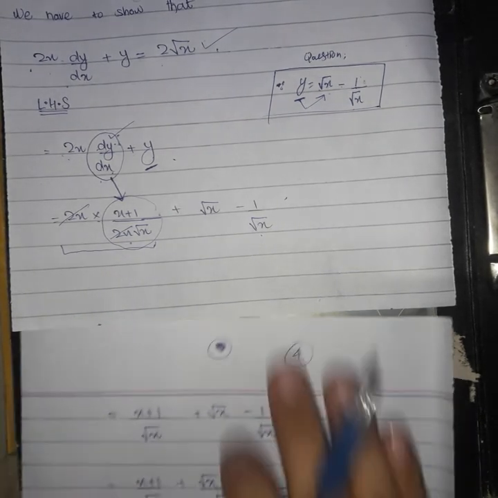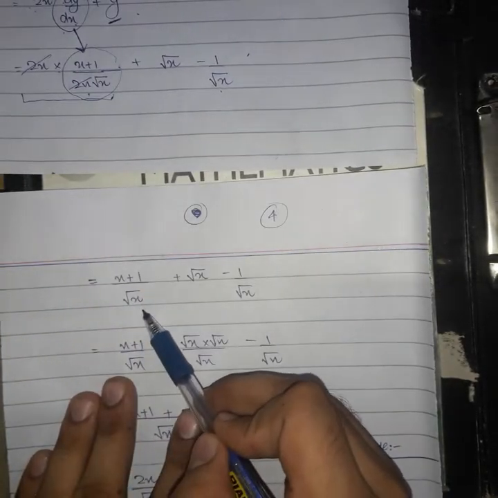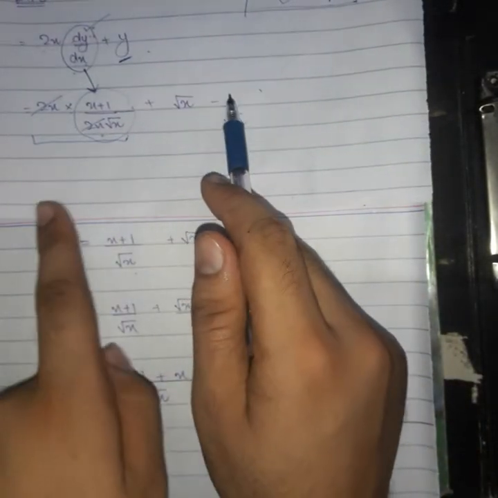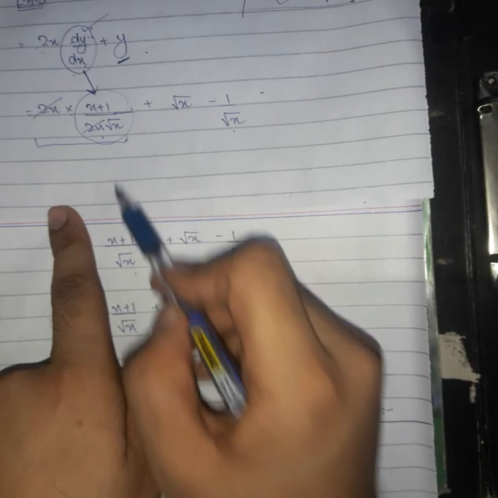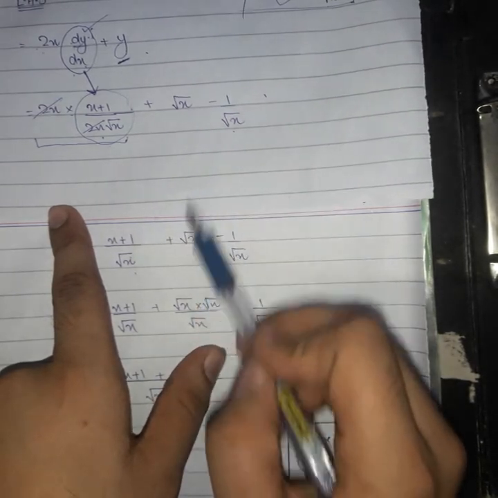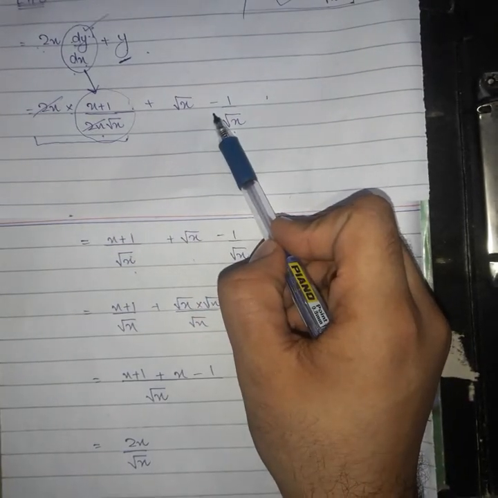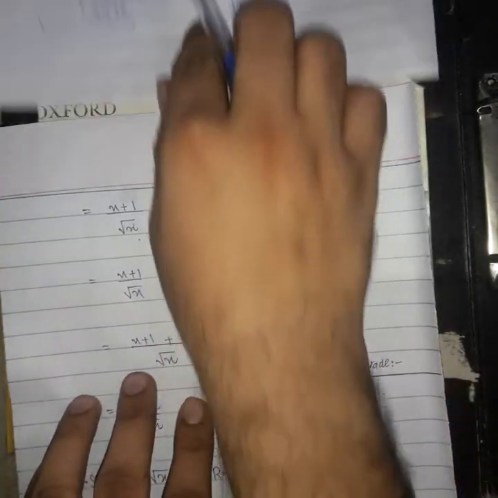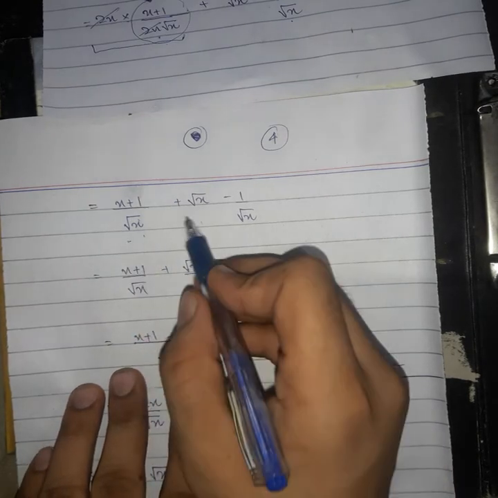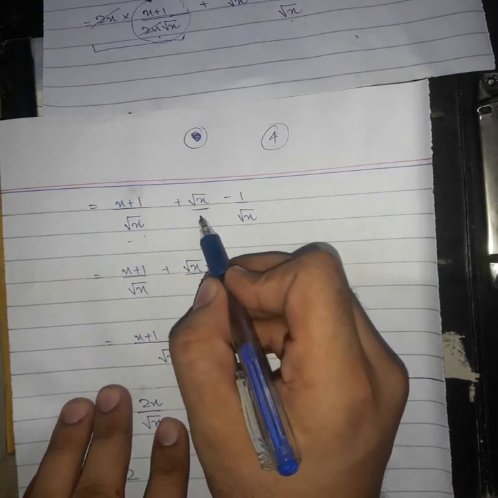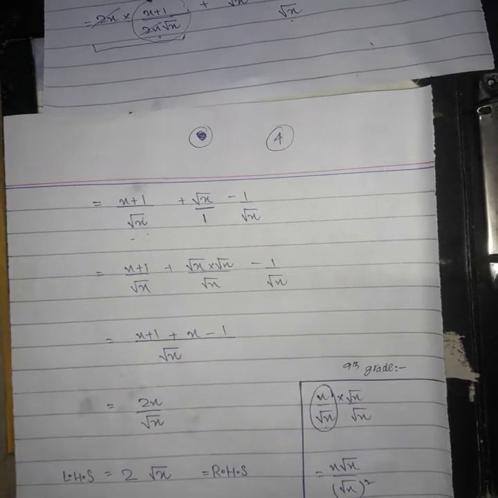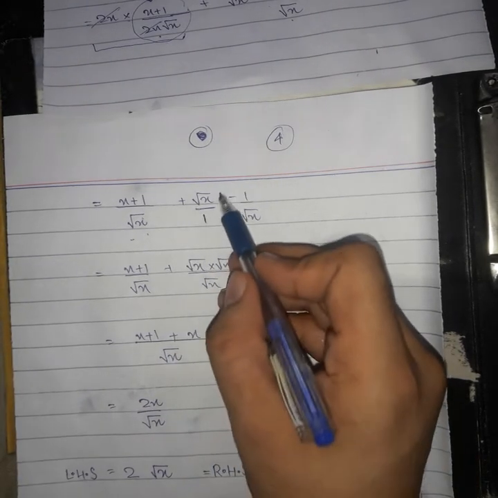Now the next step will become this x plus 1 over square root of x plus the square root of x negative 1 over square root of x. So we have three fractions here and I put a 1 in the middle term, so it becomes a fraction.